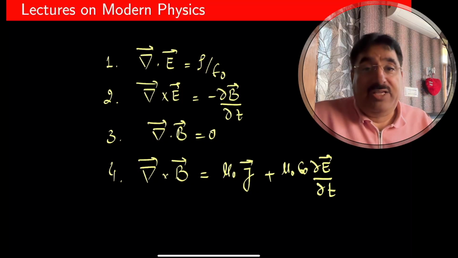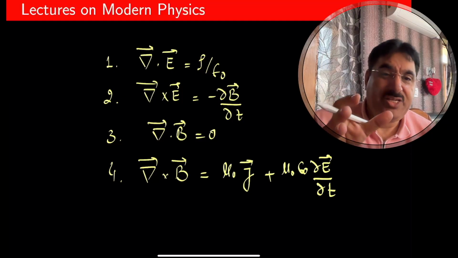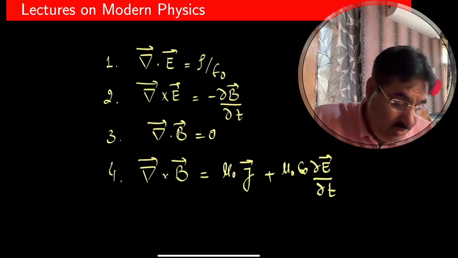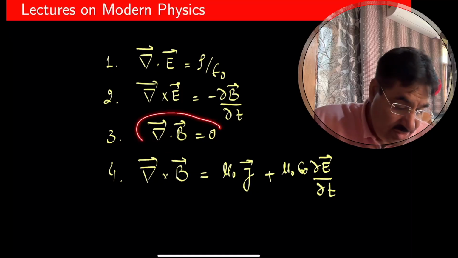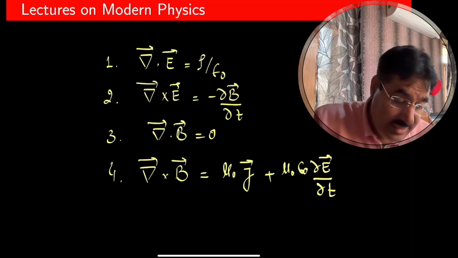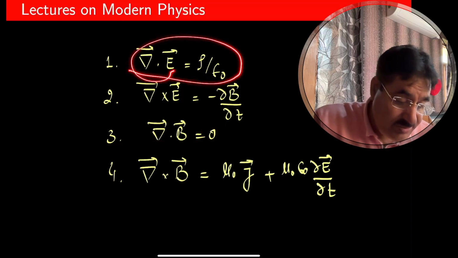Now let's inspect these four equations and have a bit of discussion before I close today's lecture. What do you see in these four equations? This is a homogeneous equation, a linear equation. Homogeneous because there is no source term, right? This is inhomogeneous because there is a source term, but it's a linear equation.